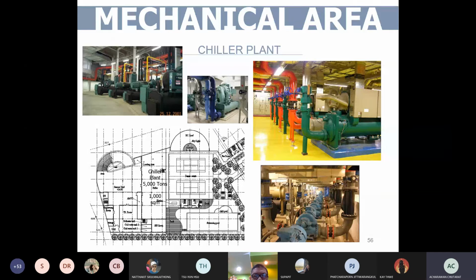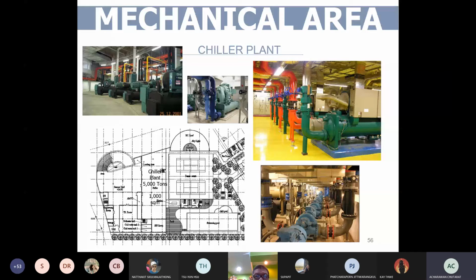So the easiest is to put the chiller plant where there is space, which for me is either the basement, the first floor or the ground floor. In the basement, sometimes when they have a flood or the submerged pump is broken, they might have some problems also.